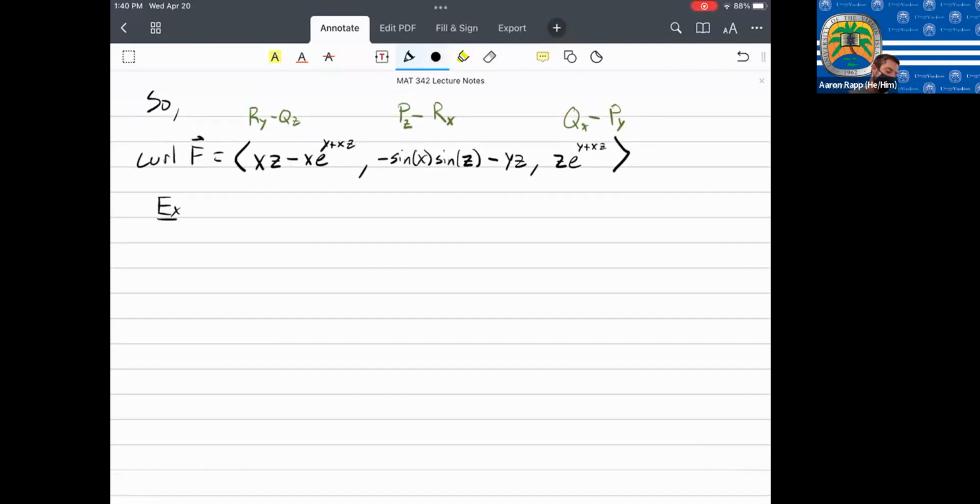Let's get you back into another physics example. Call that the force from gravity, which can be defined by the following vector field.